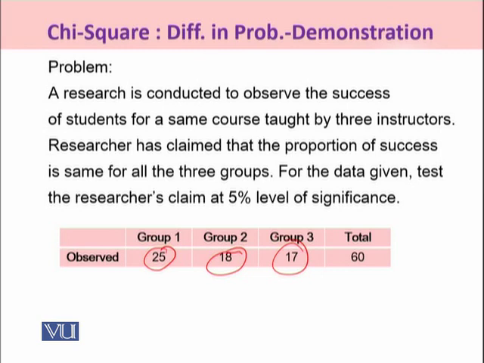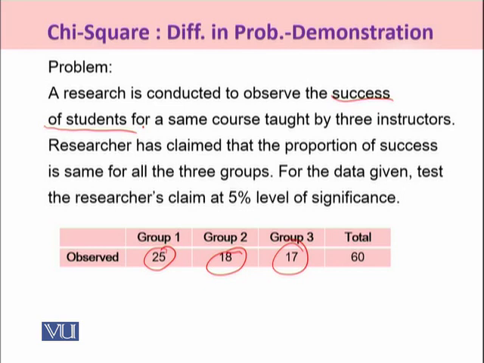Now, as far as the SPSS data requirement is concerned, the first thing we have to do is define a variable of interest, which is the success of the students. After defining this variable in SPSS, we'll have to enter the data.